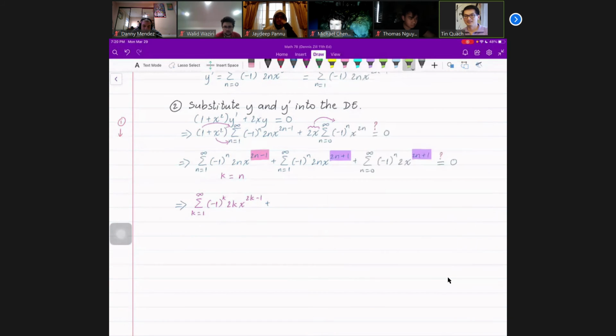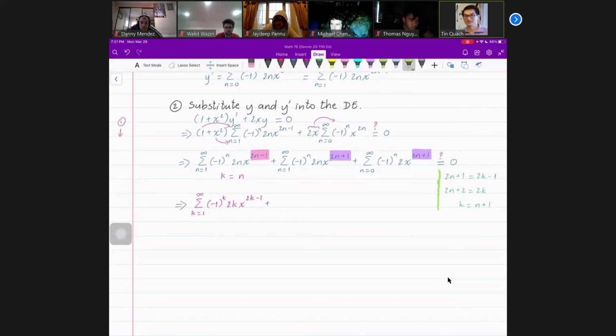You want the 2n plus 1 to be 2k minus 1, and then when you solve for k, you add 1 over, you have 2n plus 2 equals 2k. So you know you want k to be n plus 1. Okay, so that's what you want.